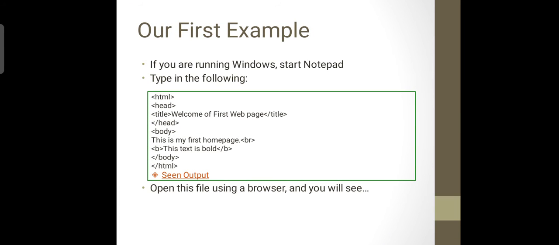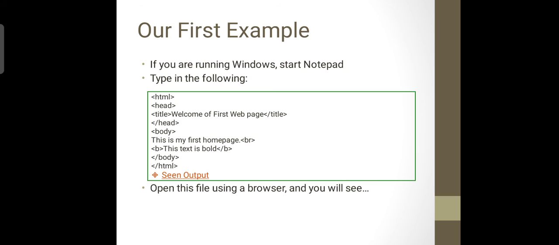So next, this is a simple basic example related to HTML. If you are running Windows, start Notepad. In Notepad you can write down simple code like this. This is the HTML section, HTML opening, head section, title, welcome to the first web page, end of the title tag, end of the head section, opening the body tag.